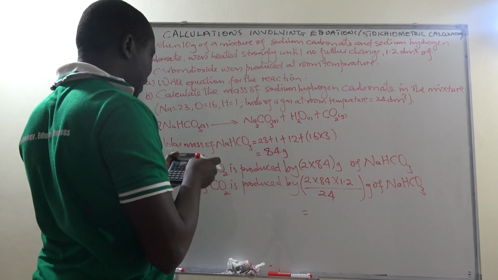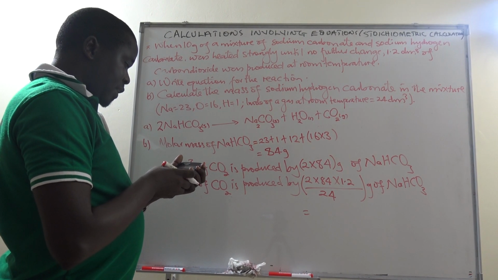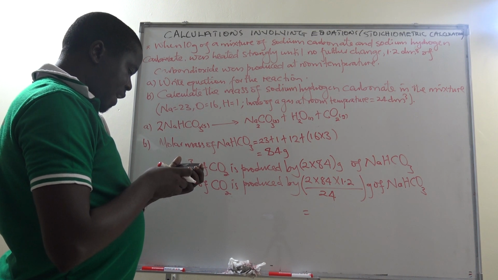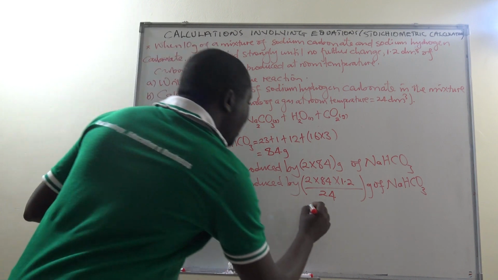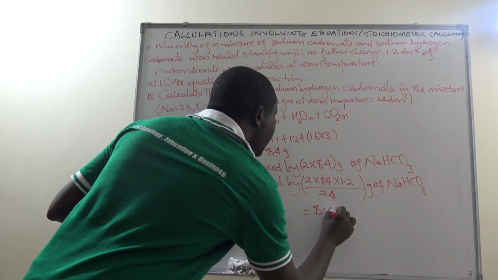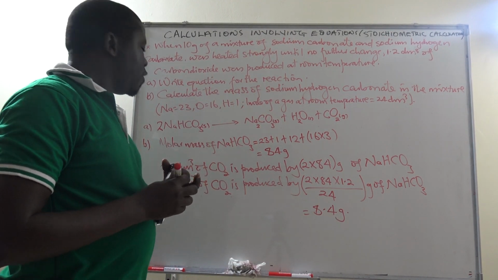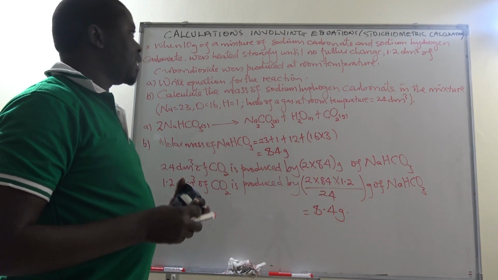And let us see our answer here. It is 2 times 84 times 1.2. We divide by 24. And we have 8.4 grams exactly. So that is the mass of sodium hydrogen carbonate that reacted.